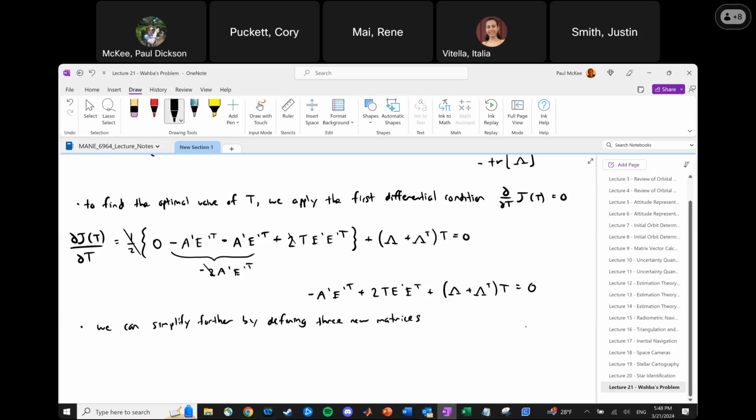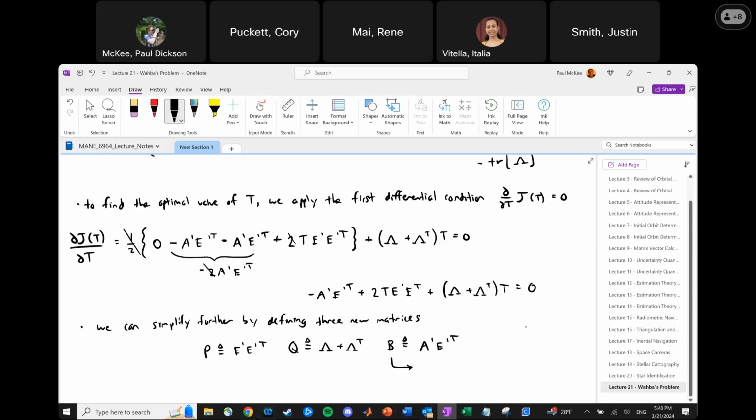Okay, so there's going to be some matrix called P, which is not the covariance matrix, which is defined as E prime transpose. There's going to be some matrix Q, which is defined as lambda plus lambda transpose. And there's going to be some matrix B, which is defined as A prime E prime transpose, which is actually going to turn out to be the star of the show.